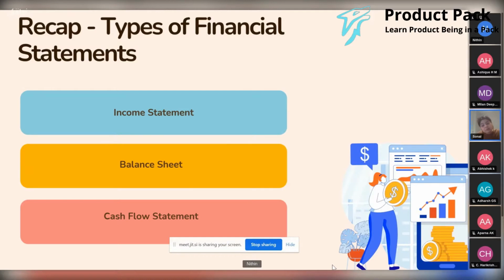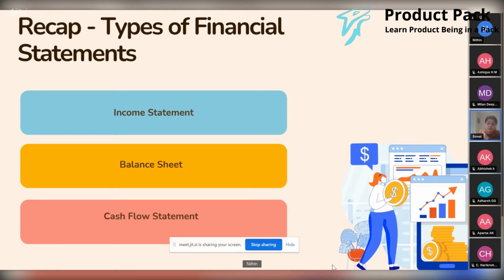Now, what is an income statement? Just to jog your memory, an income statement covers any period of time. It could be a month, it could be a certain number of days. It talks about how much revenue you gained, how many sales you actually made in that particular period of time. What is a balance sheet?